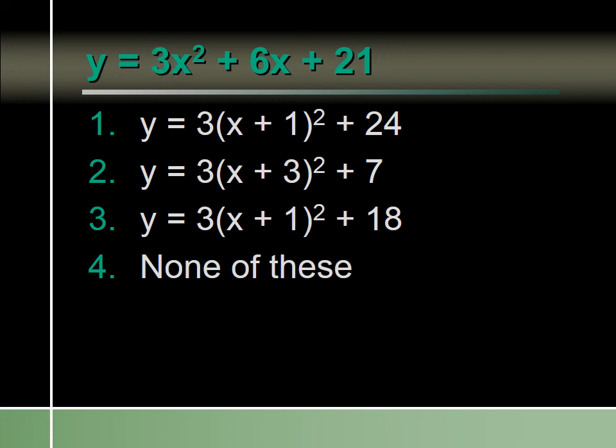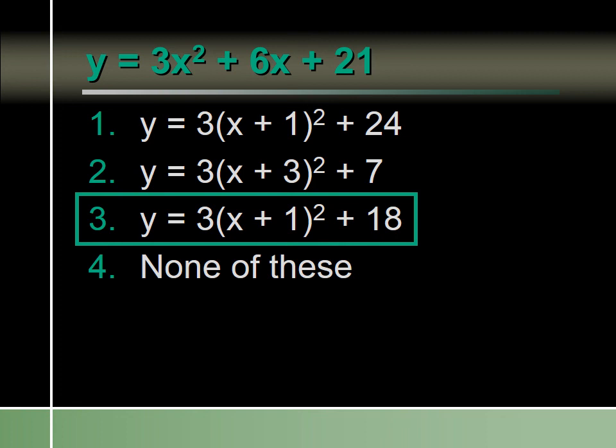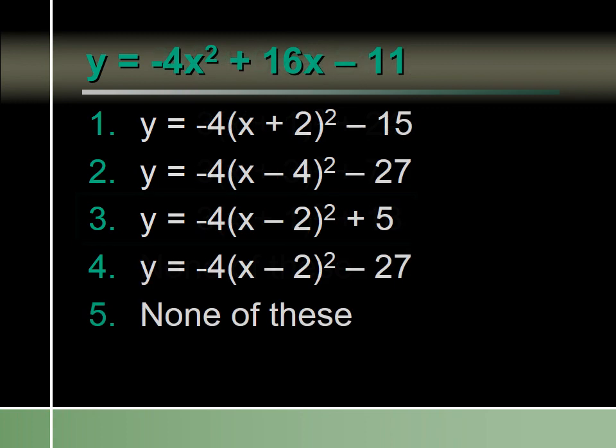And see if you can find the correct answer, and then check your work after you've unpaused the video. All right, so the answer should be y equals 3 times x plus 1 squared plus 18. Go ahead and move on.